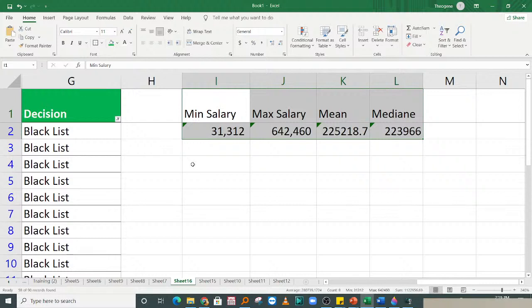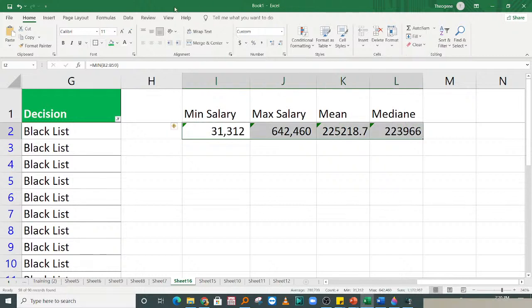The minimum salary is around 31,000. The maximum salary is 642,480, so 642,000. The mean, on average, one employee gets around 225,000.